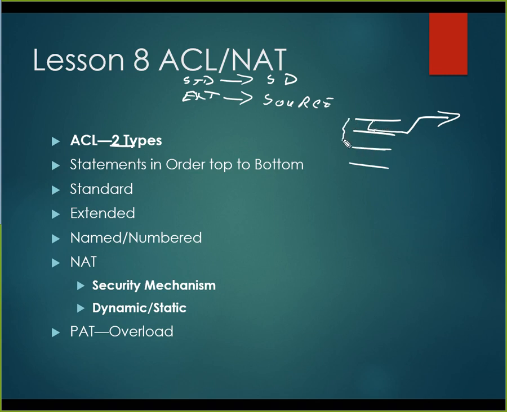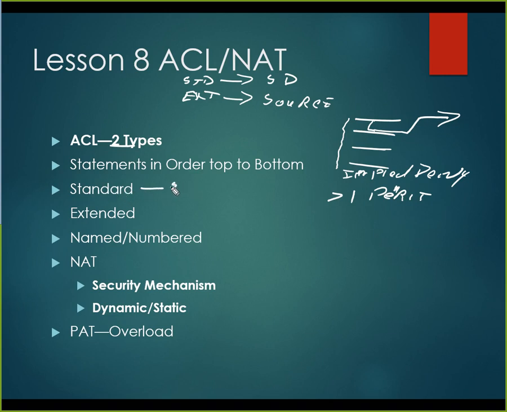If it goes down the list and nothing applies, then we have an implied deny at the end of the statement, which will deny everything. So you have to have at least 1 permit statement in an access list. Permit. There you go. So we have the standard and the extended.